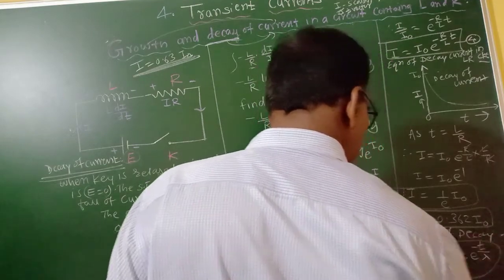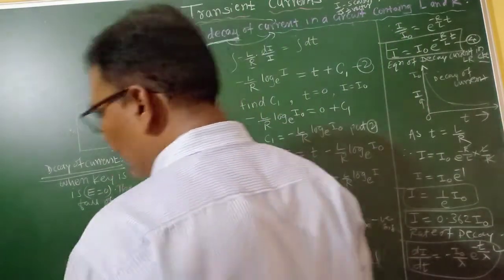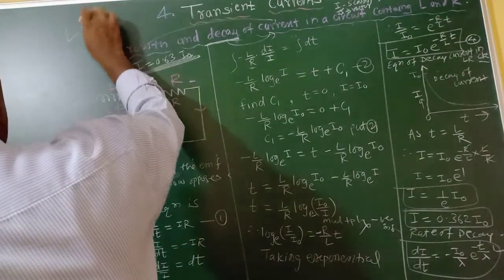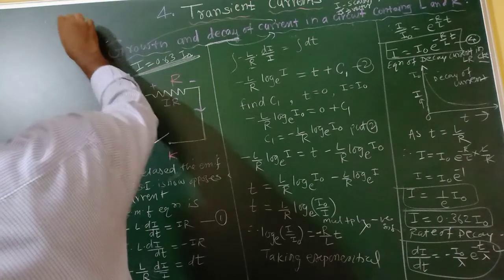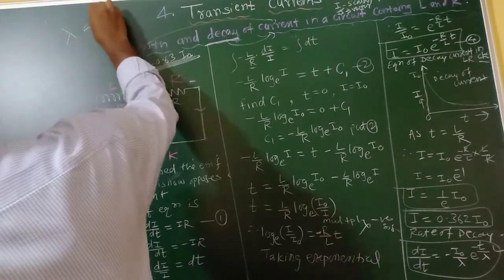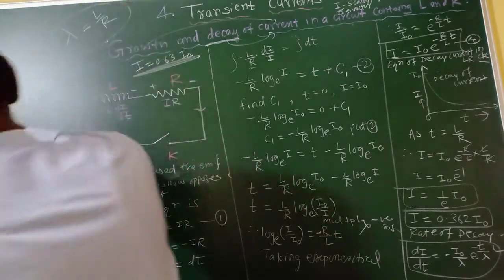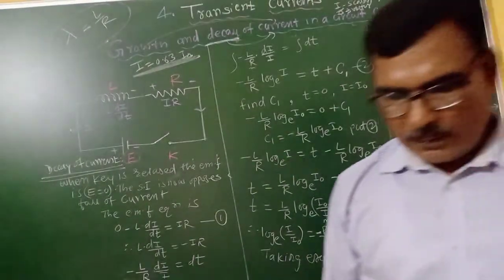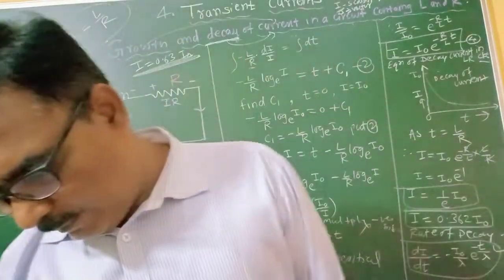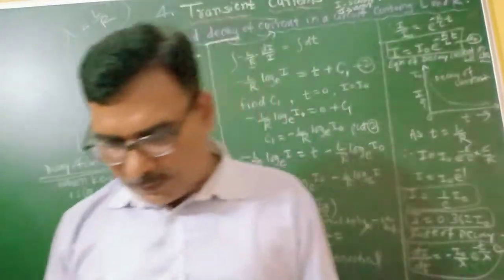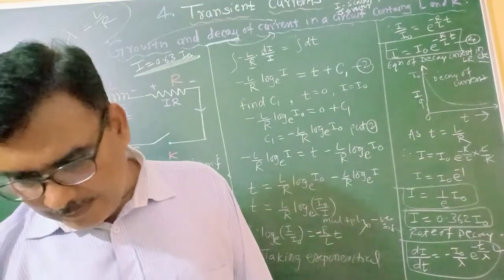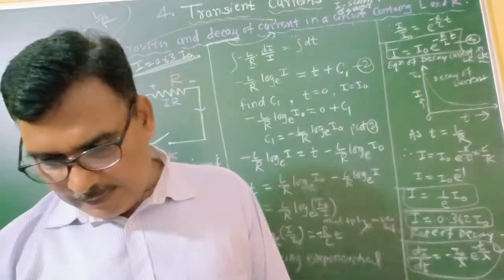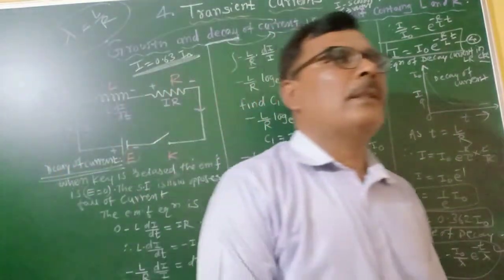This is the rate of decay, and the decay constant lambda is equal to L by R. For this we have to remember this point: from the above equation it is clear that the smaller the constant lambda, the more rapidly the current dies, and the decay current is the same as that of the growth current.